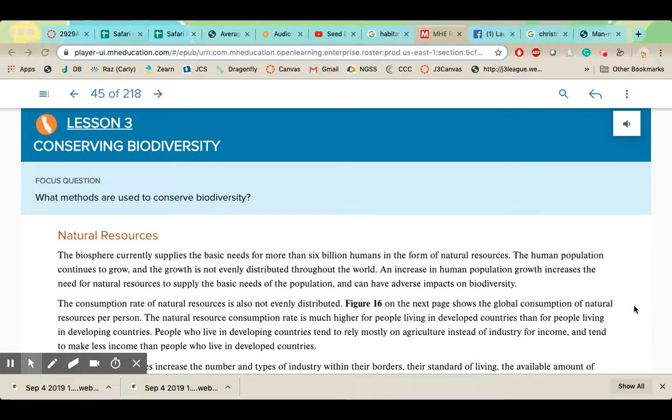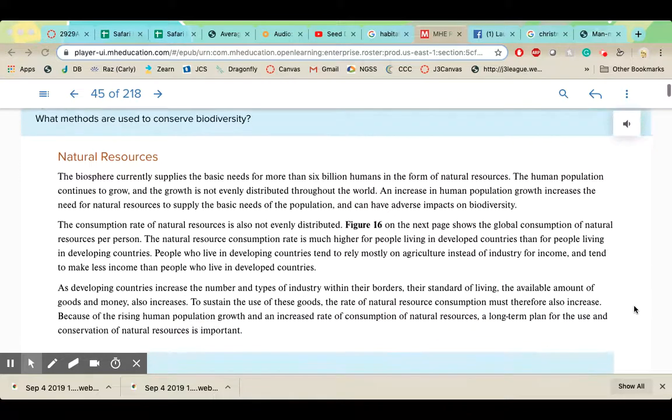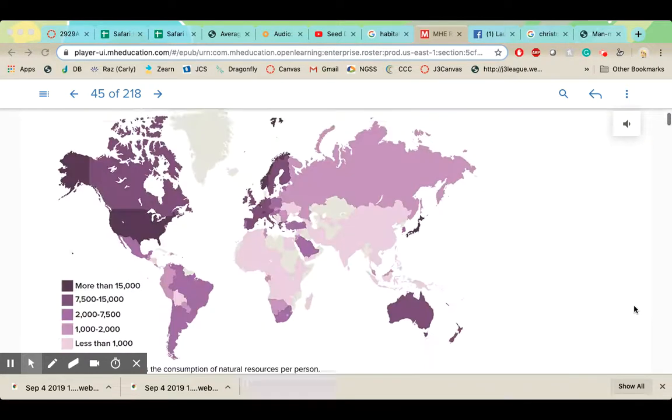In this last section, we're going to be talking about conserving biodiversity and what we can do about that. Natural resources are those that are naturally found, and the earth actually gives us most of everything that we need. Essentially, everything can be tied back to something natural that was here that we use for our needs.